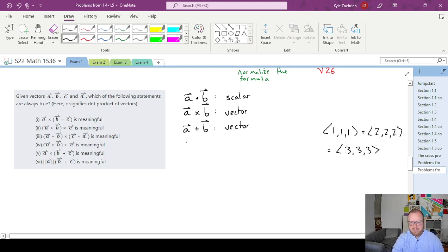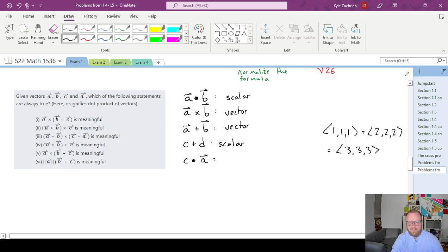We can think about, let's say, A, so this is like a scalar plus another scalar. That's fine. But if I say something like this, I've got a scalar and then dotted with, so this is a dot product here.